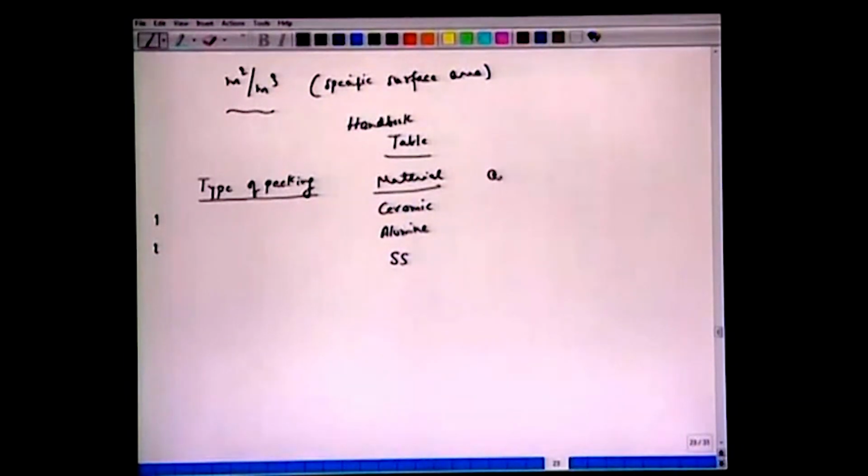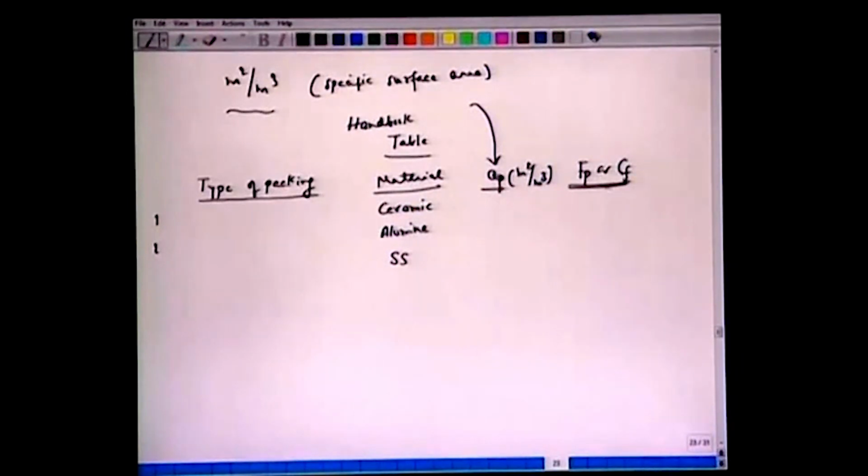Then there will be a column for AP. So this is the AP which we are talking about, meter square per cubic meter. Now this meter square per cubic meter is of course our engineering parameter, but very often manufacturers also supply another very common name, packing factor, FP or CF. So we'll talk about these parameters.